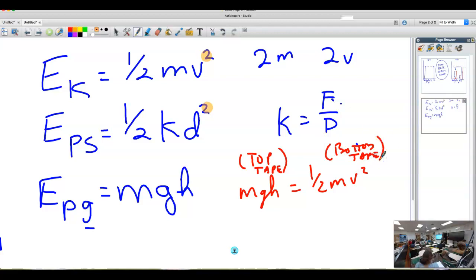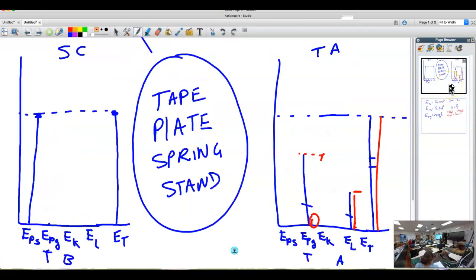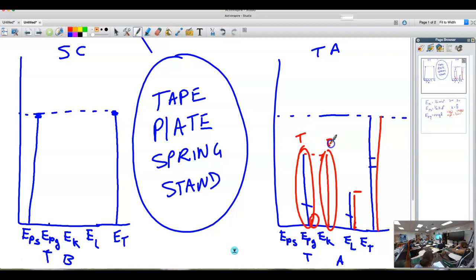Isn't that what we just did in our diagram? I think I erased it. That kinetic energy and that potential are the same, aren't they? And this potential is at the top when the tape's got as far up as we can. And this is at the bottom, just when it's leaving the plate.